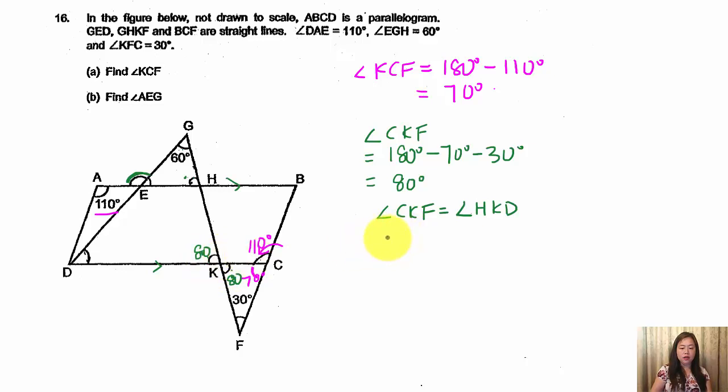So now angle HKD is actually equals to angle GHE because this is actually a letter F and it is a corresponding angle. This and this is the same. So it will be 80 degree here.